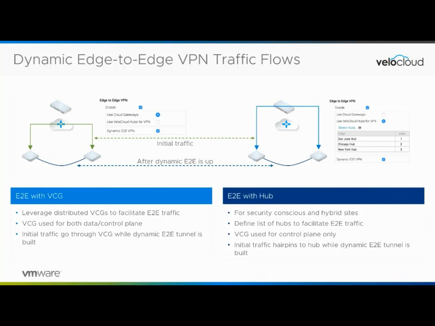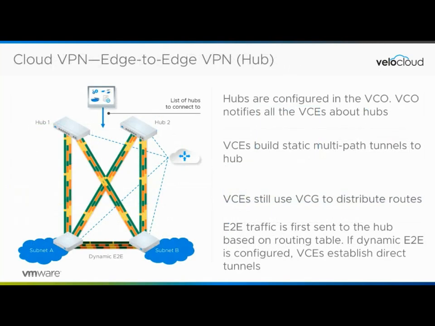You might have to write 50 or 60 lines of config file. It's with a single click you can have the options of either doing branch to hub or from branch to branch. You just enable an edge device as a hub device, and then all the edge devices in that profile will start building up an overlay tunnel to that hub device.